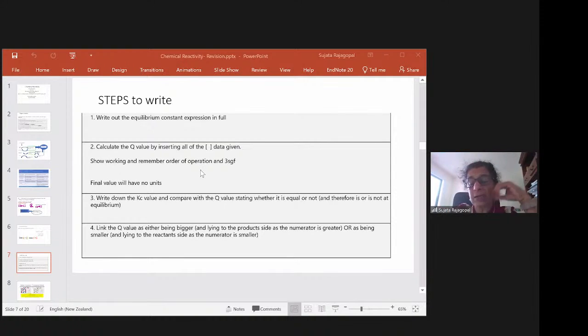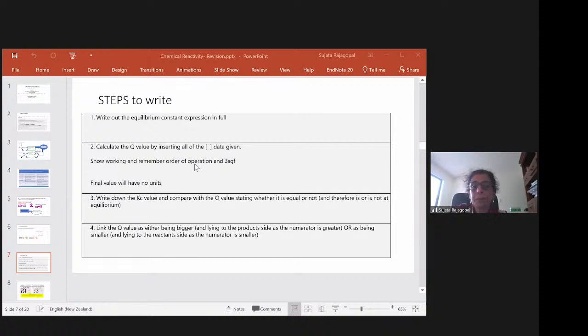In chemistry, you have to be careful. Please round your answer to 3 significant figures. If you do not do it, you lose your marks. There is an error being calculated. So every one of your values should be in 3 significant figures. That's a standard.